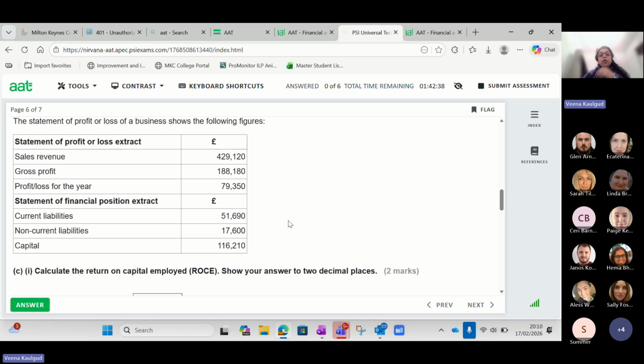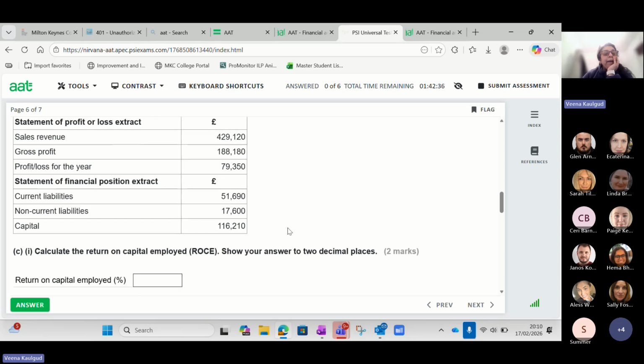So return on capital employed is profit divided by, let me calculate it and then come to you.